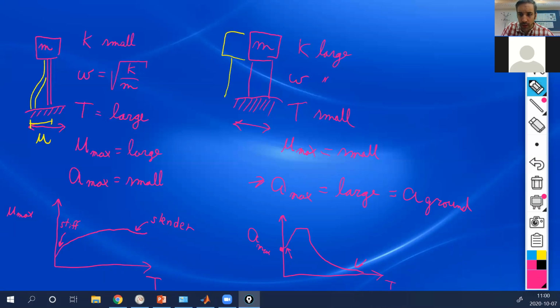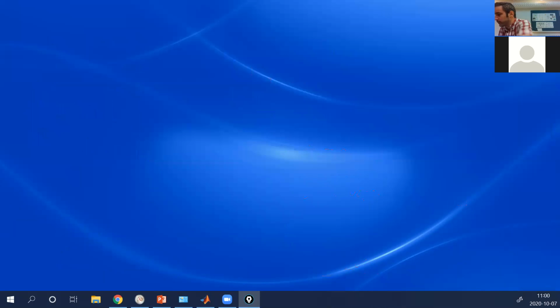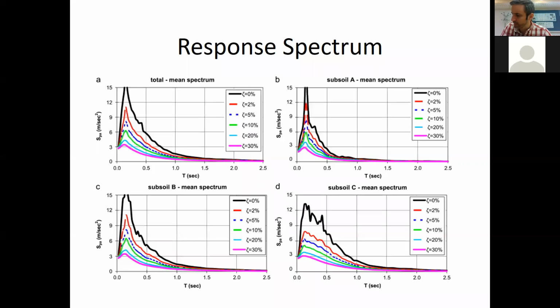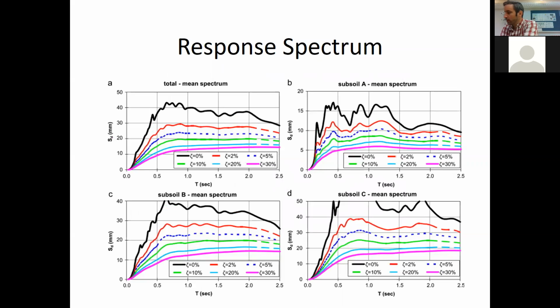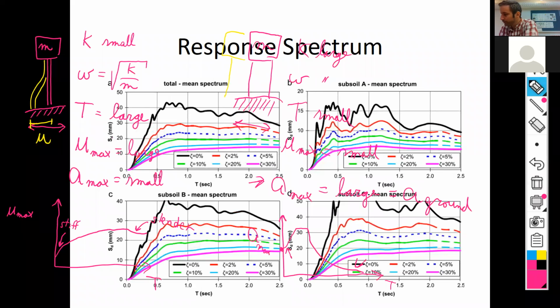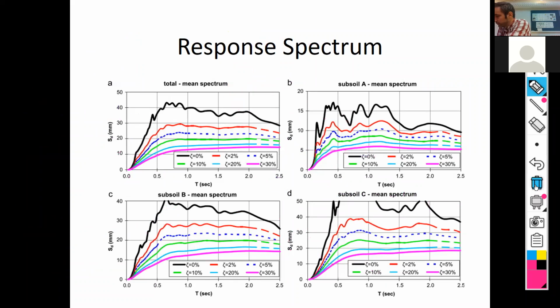then move back to these slides, right? No, sorry. We have stiff structures here with little displacement and slender structures here with very large displacement.